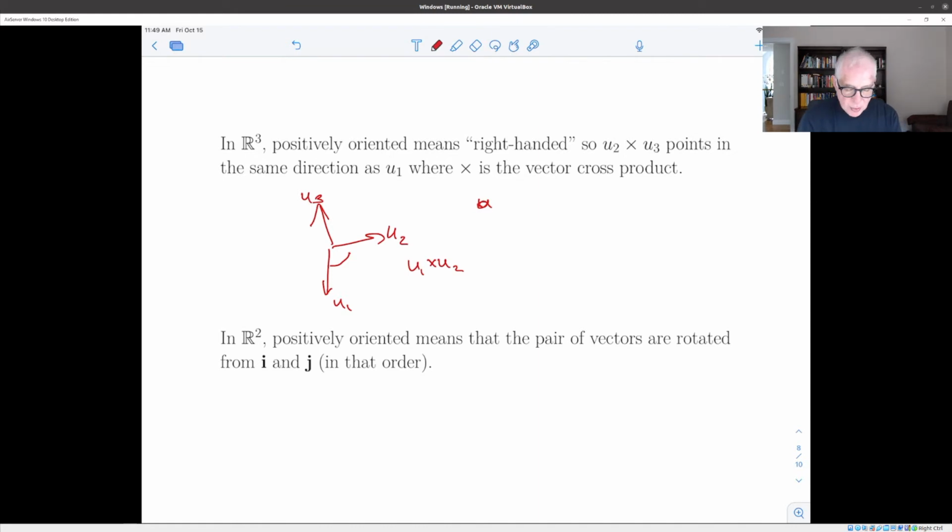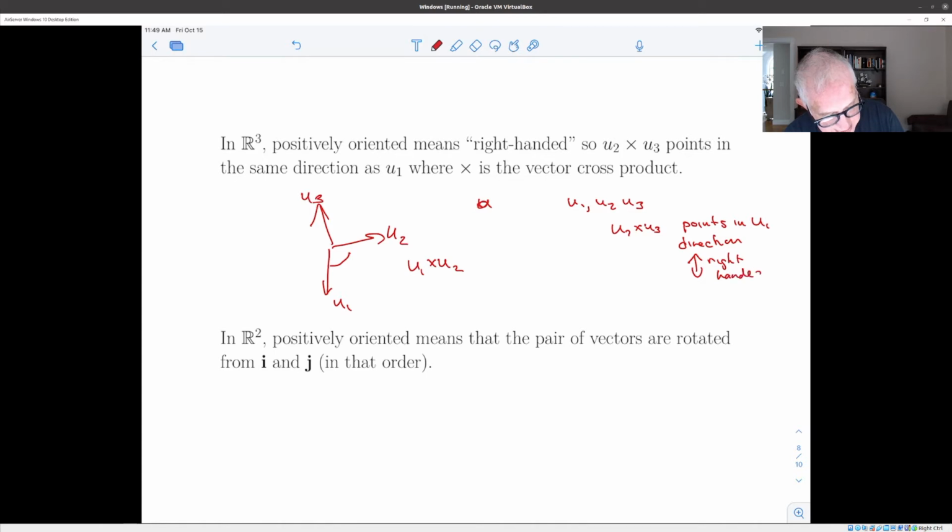Because if you switch the order of u2 and u1, you switch the direction the vector points. And you say that a system is right-handed if you look at the three vectors u1, u2, and u3, and u2 cross u3 points in the u1 direction, then that's called a right-handed system.